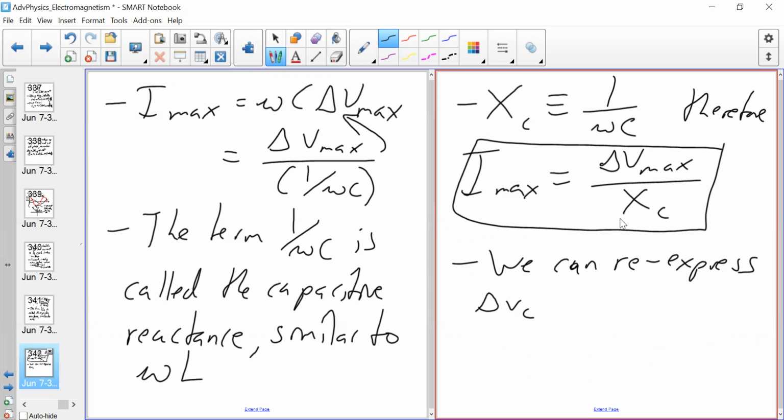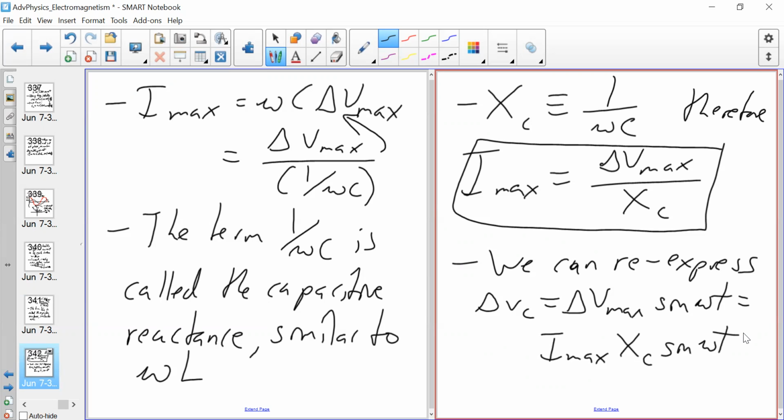Now we can substitute that into the original equation. So that's delta V max sine omega t. That was the original equation, and that equals Imax XC sine omega t.